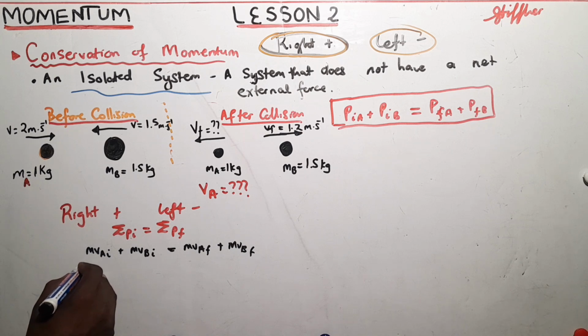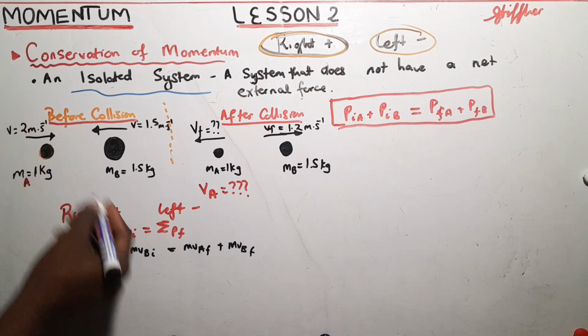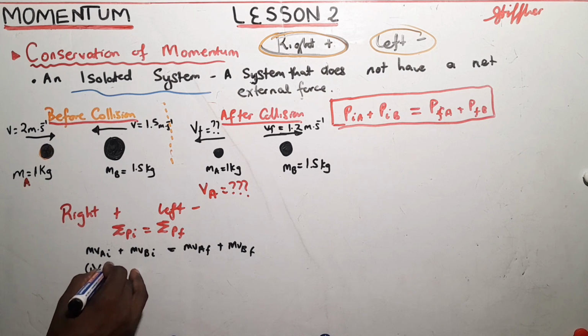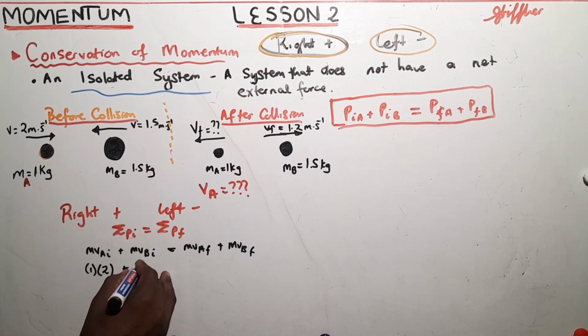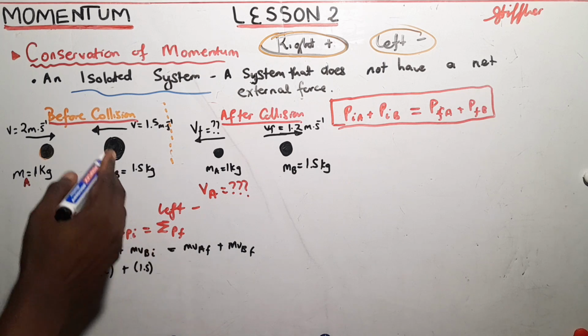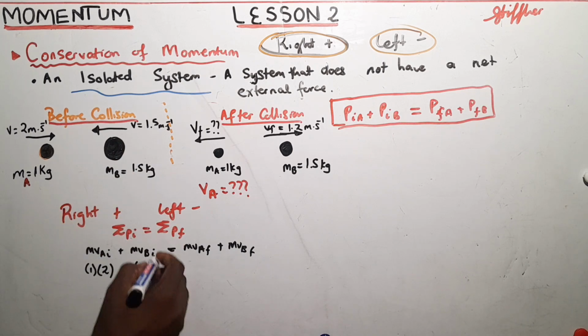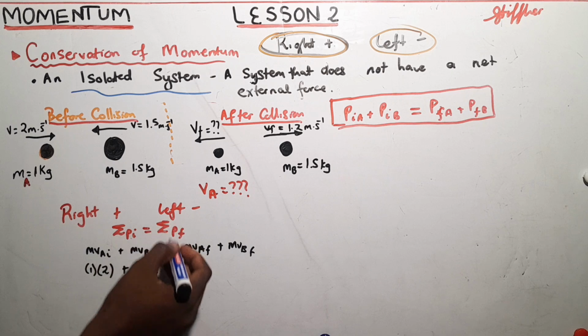So our mass of body A is 1 kg and our velocity is going to the right, so it is positive, so we can just substitute 2 there. And our mass of body B there is 1.5 kg, and our velocity there is going to the left, so we said left is negative.